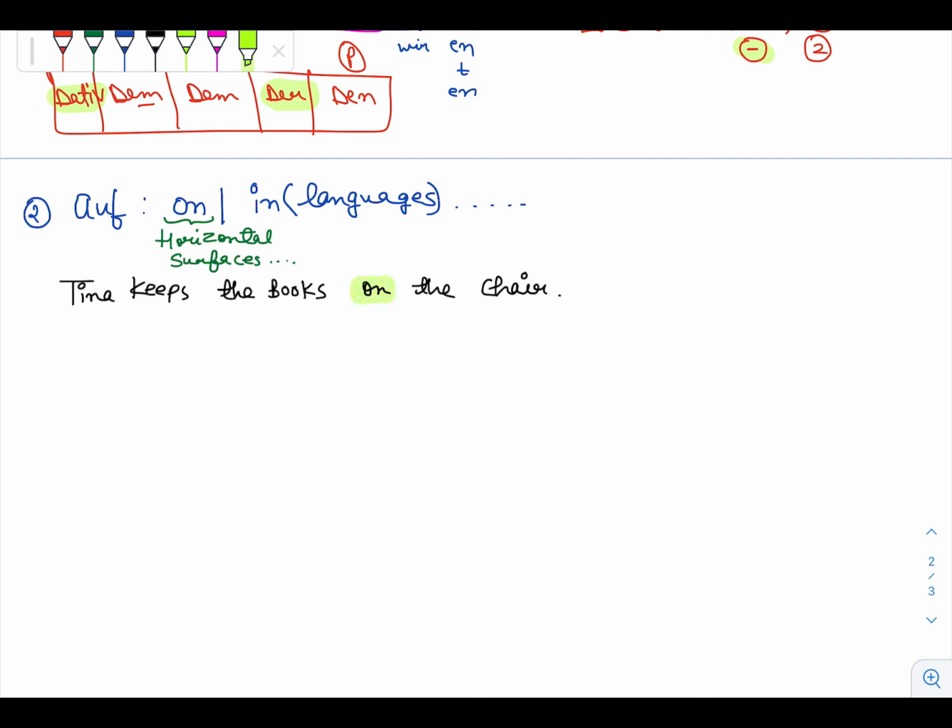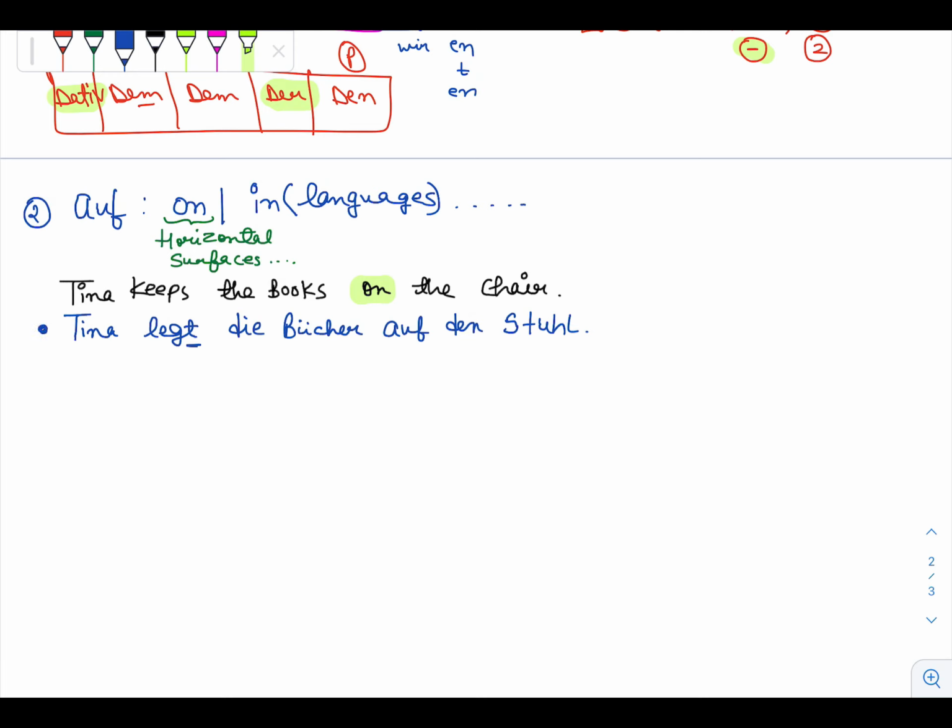Again, I used here my preposition. Now I will write the German sentence. So, Tina, and what's the word for keeps? Legt. Again, we conjugate it according to third person Tina. Die Bücher auf den Stuhl. Okay.